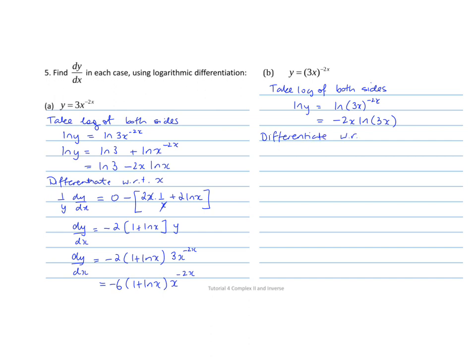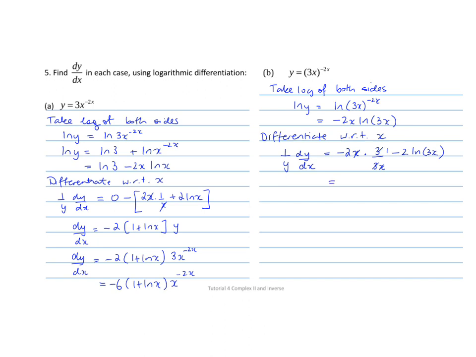So we have 1 over y, implicit on this side. And we have first differentiate the second, times, well, 3x has got to be differentiated, divided by 3x, plus the second differentiate the first, so minus 2 log of 3x. That cancels out with that, and that means we are left with 1.